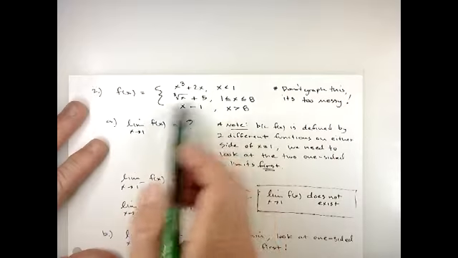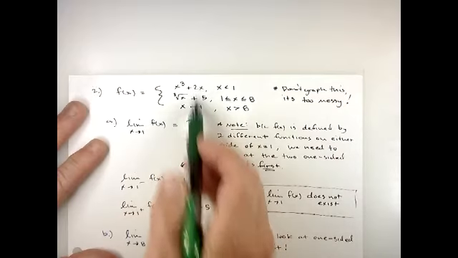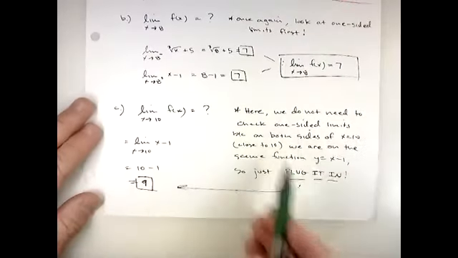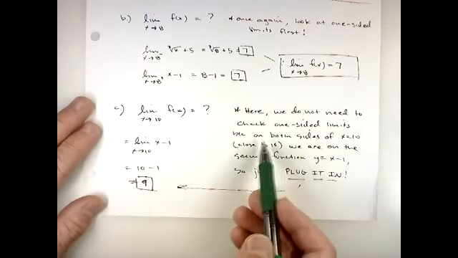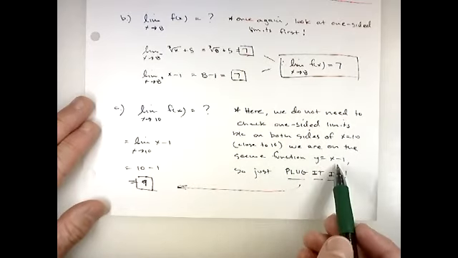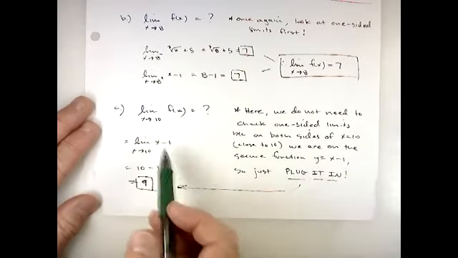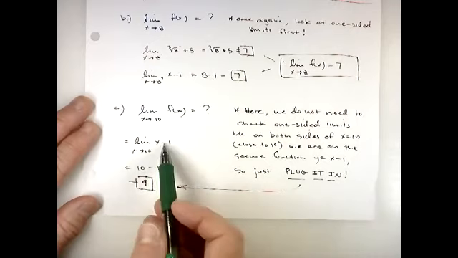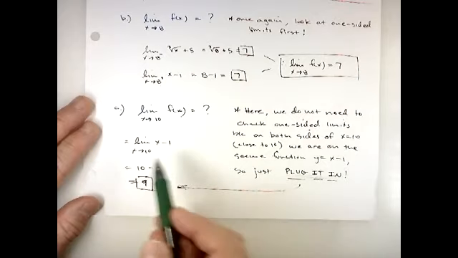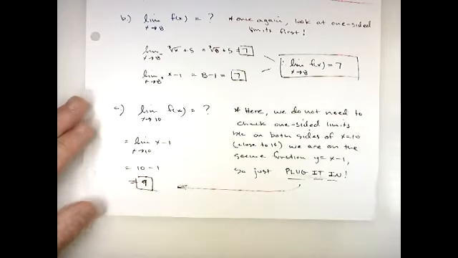And there's not going to be any transition from one piece to the other. So in this case, we don't need to check the one-sided limits because both sides of x equals 10 are on the same function, which is y equals x minus 1. So to find that limit, I just take the 10 and plug it in. This is going to be your first rule of limits. If you get a number, you want to just try plugging it in.